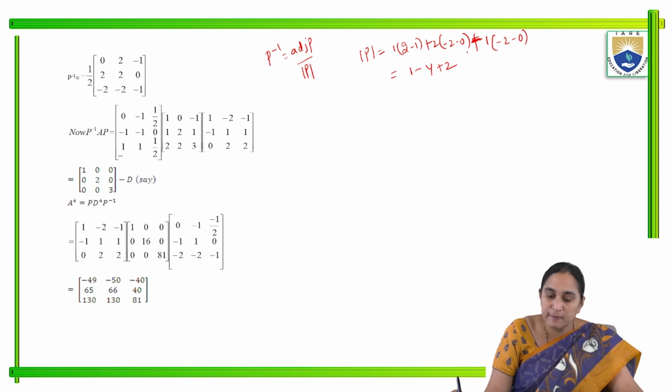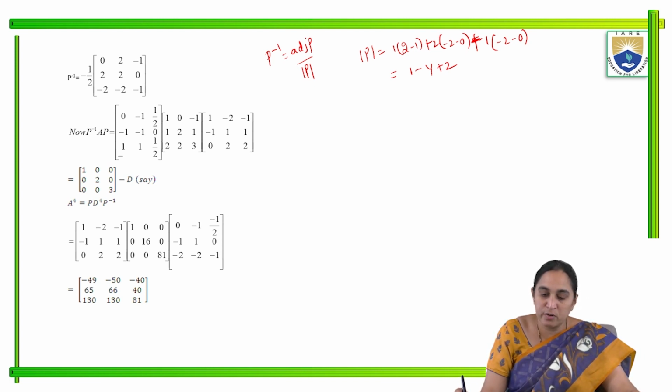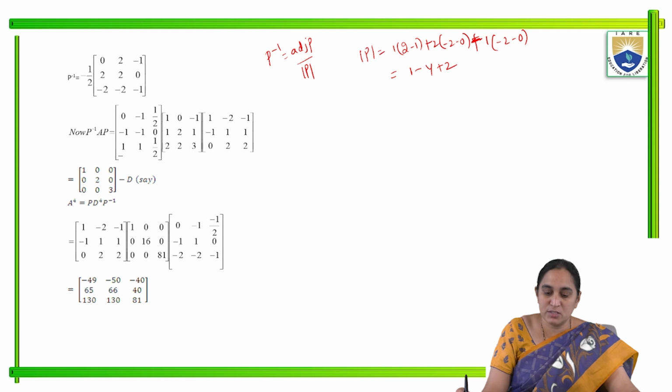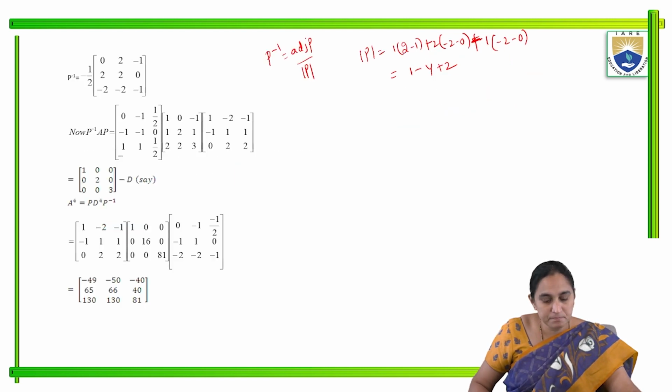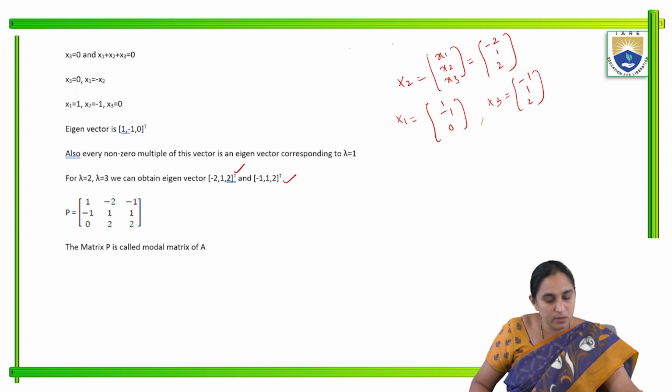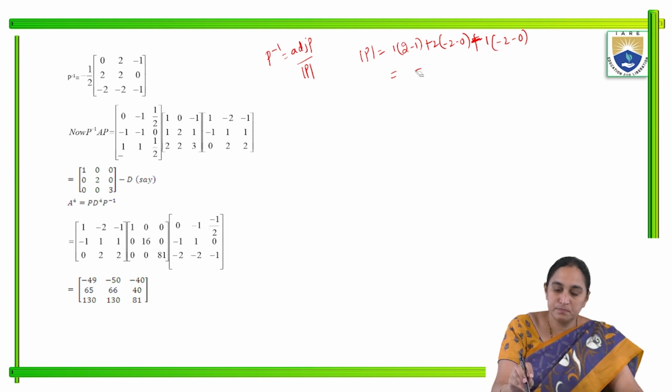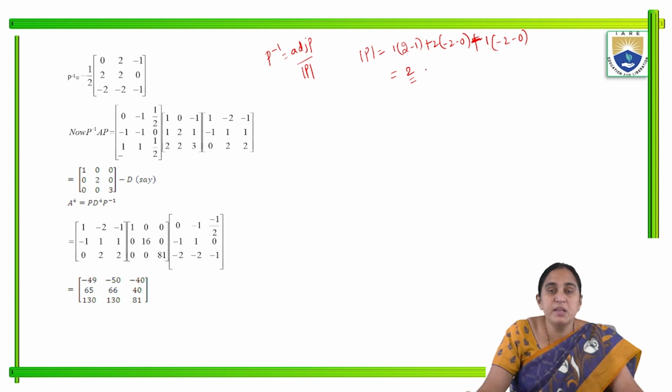So we get directly det P is equal to 2. Therefore, det P is equal to 2.